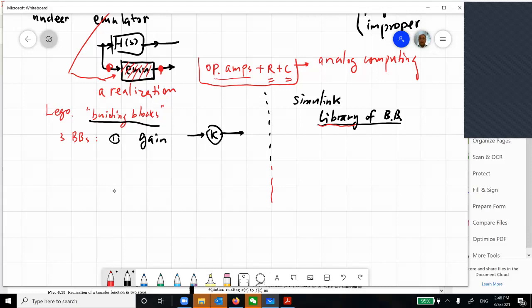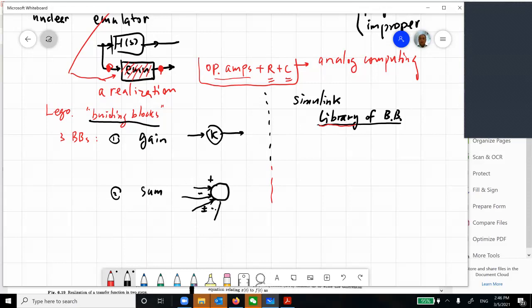So now we are going to say the second building block is a summation. So this is a block. You put input in here, plus input in here, you can use minus input in here, you can use plus or minus, it doesn't matter.